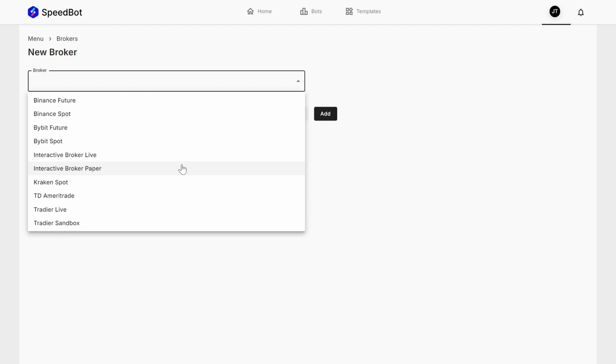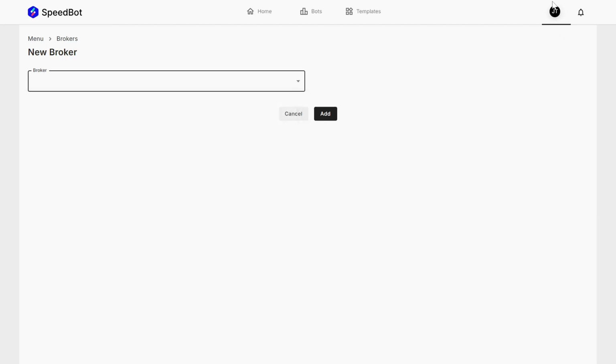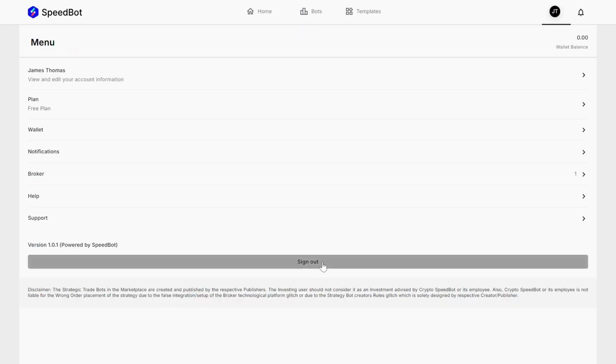TD Ameritrade, that is Think or Swim. Then Tradier is there. So you'll be able to do options as well as equity-based algos using these set of brokers. Apart from that, if you have any requirements around the crypto bots, then you can contact us, right? So I hope this answers your question, Mr. Shiva.